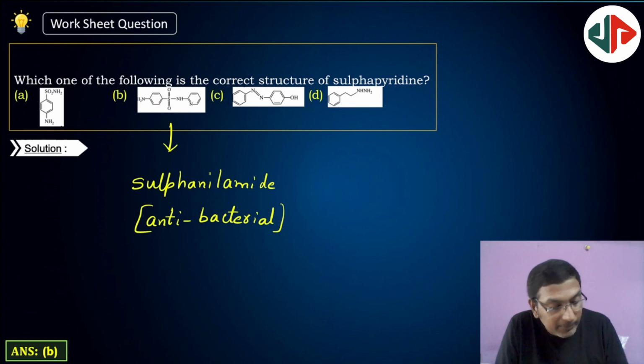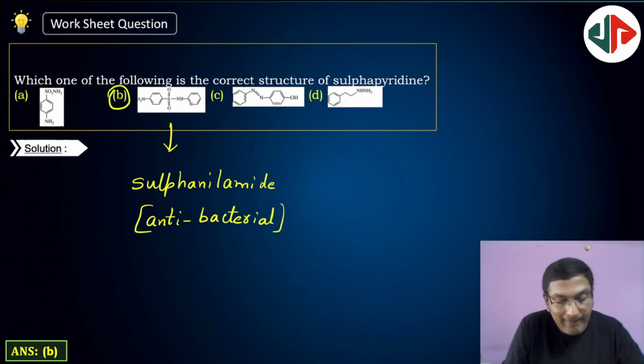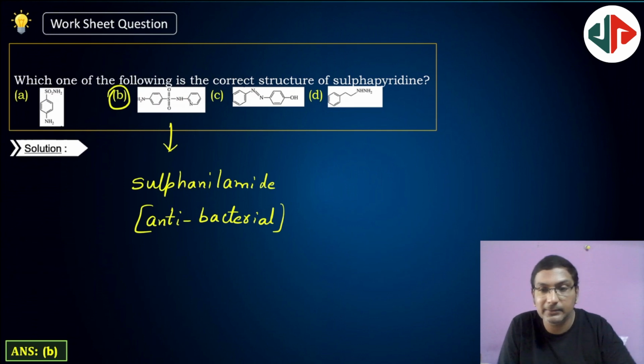Therefore, option B. So sulfapyridine, pyridine nucleus is present here. Pyridine. Sulfonylamide, it has antibacterial properties. Next.